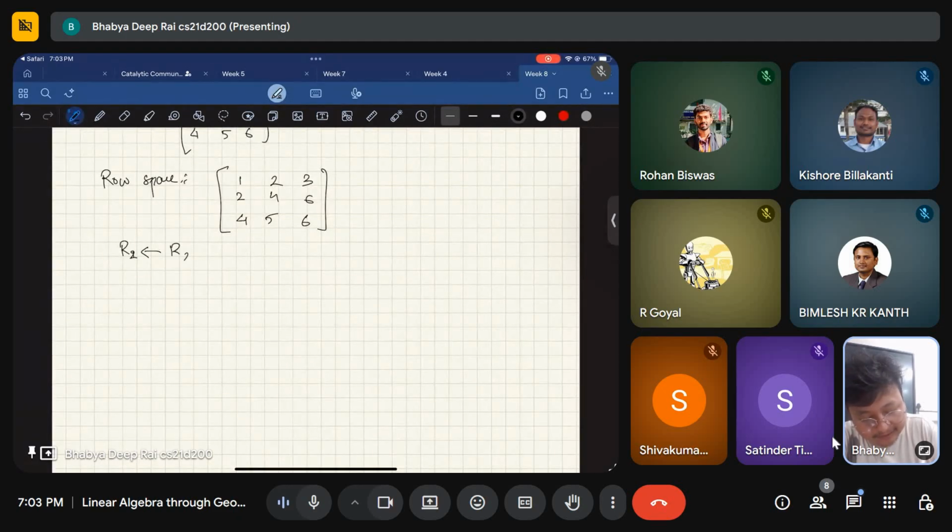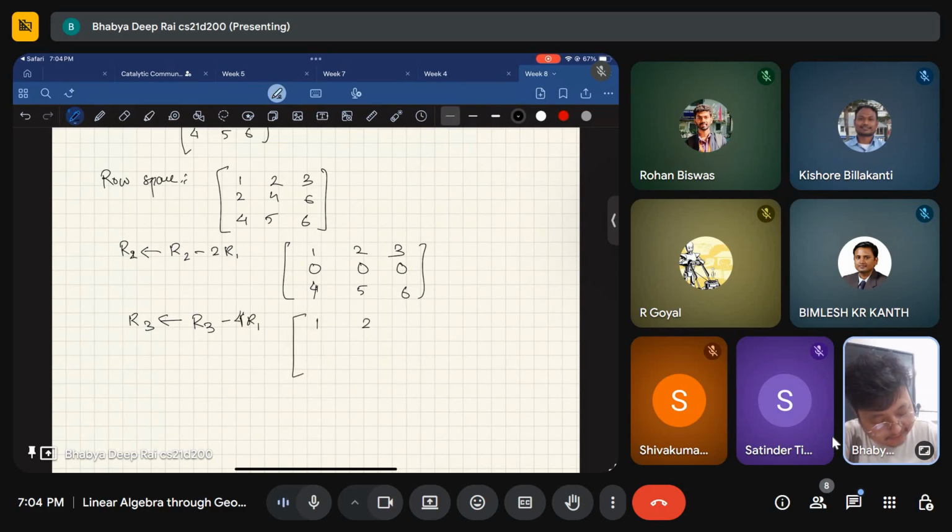In R2, I'll do R2 minus 2R1, and then I'll get 1, 2, 3, 0, 0, 0, and 4, 5, 6. Okay, good. Now I'll remove this guy. Then in R3 I'll do R3 minus 4R1, which will give 1, 2, 3, 0, 0, 0.